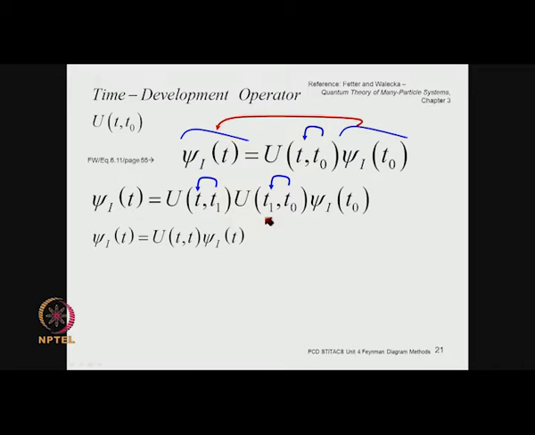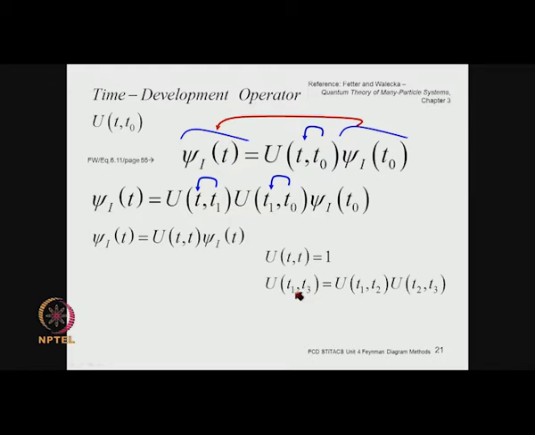You can also see that if you look at the evolution from an instant of time t to the same instant of time t, then of course, you have the unit operator, right. So, if you break this into any intermediate step, you have U(t,t) equal to 1.